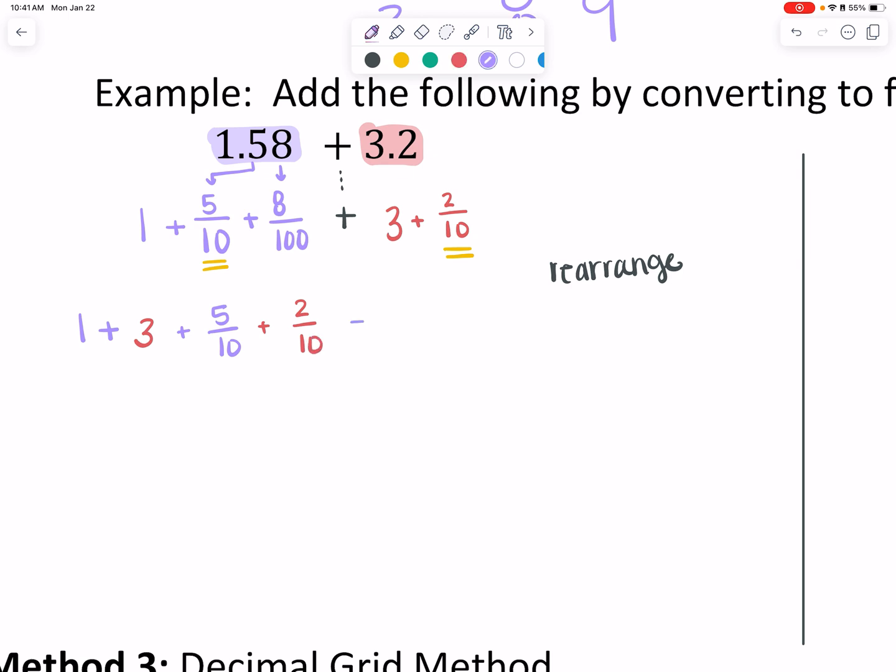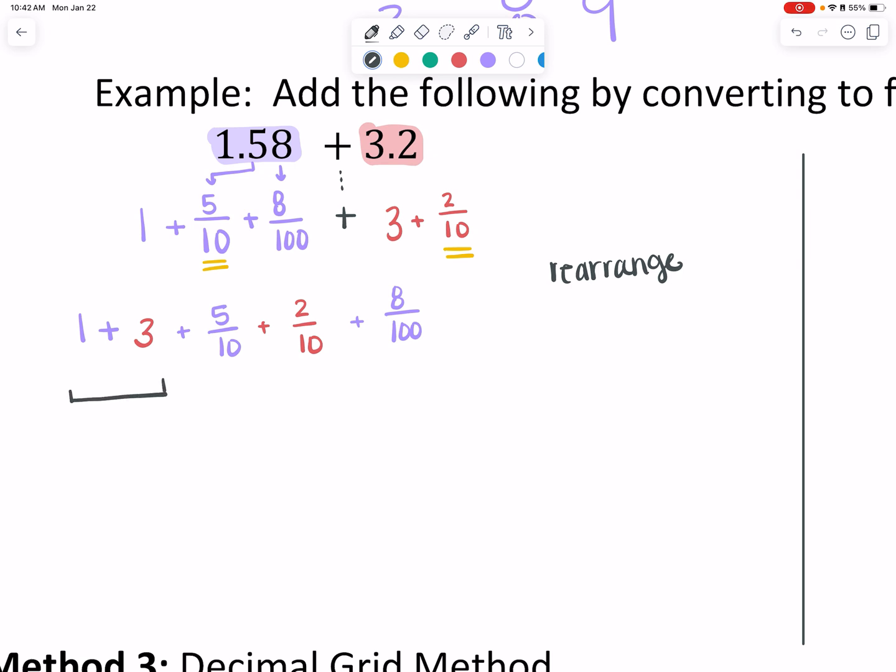And then I only have one with a 100 denominator, so that one I'm just going to move to the back.